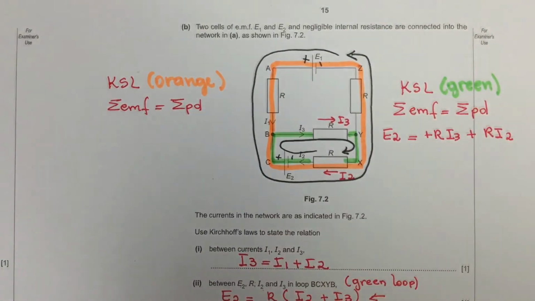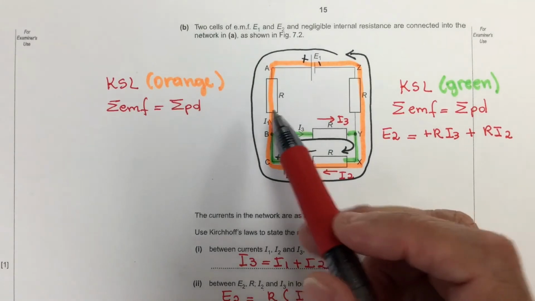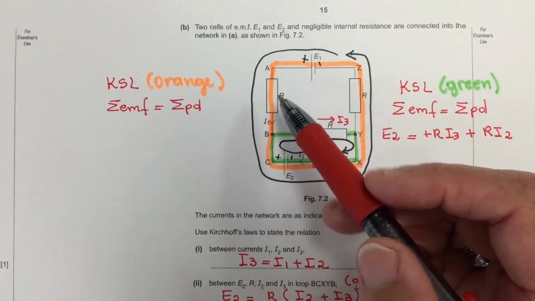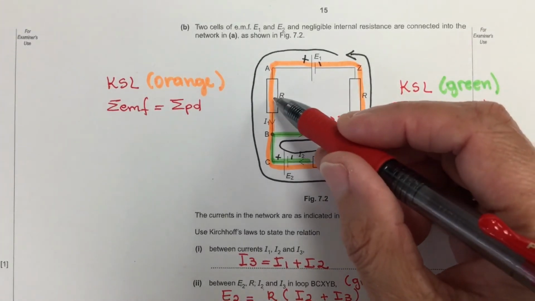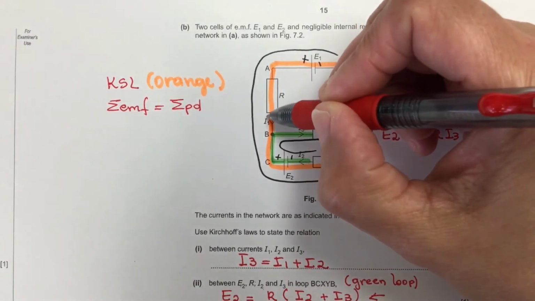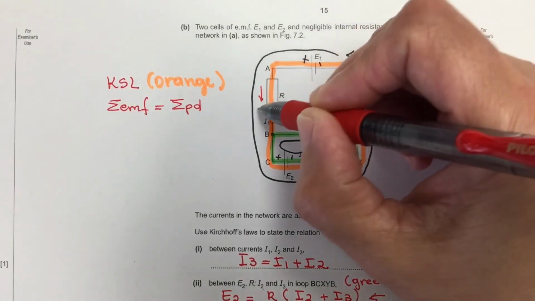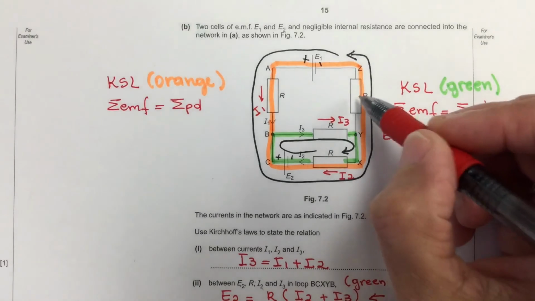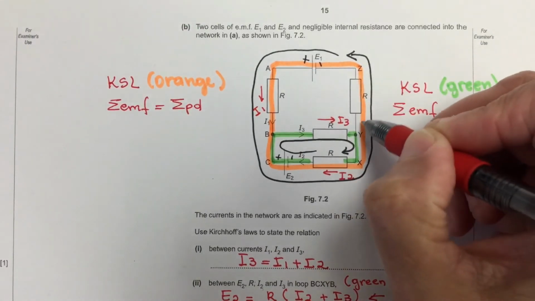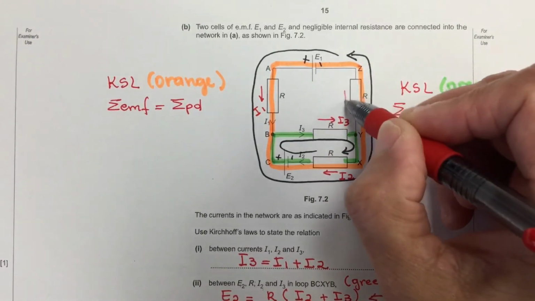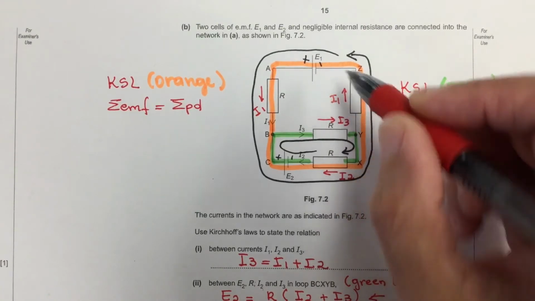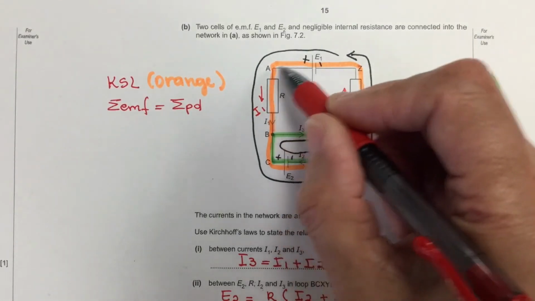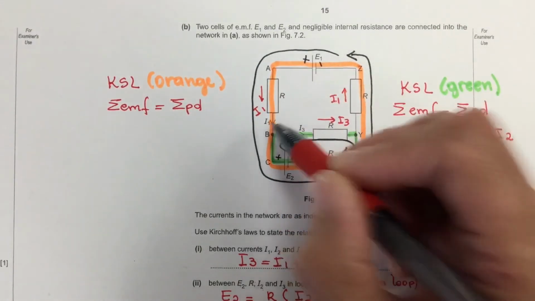To make it easier to determine if it will be a positive or negative PD, I'm going to write the current over the resistor with the direction. So this is my I1, and this one here is also I1, the same one, because they are on the same side of the loop.